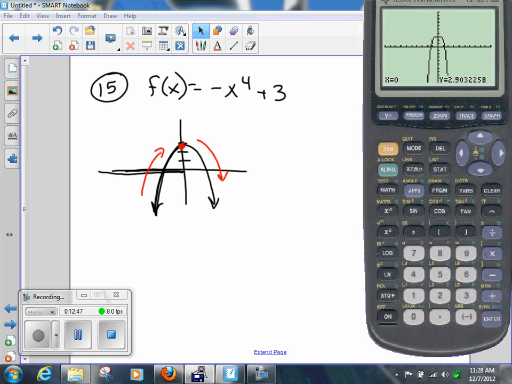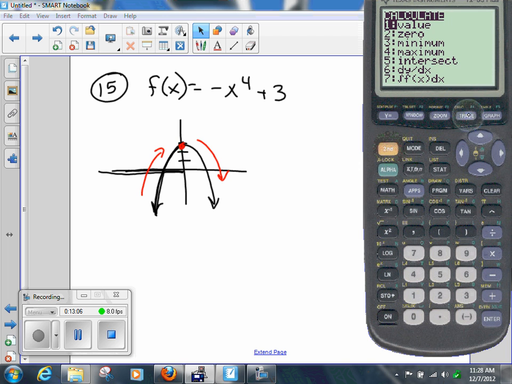Ooh, it didn't do anything. What shall I do? Hit enter. Now look at it. There is a clear turning point for that curve. Do you guys agree with that? Find the maximum value.